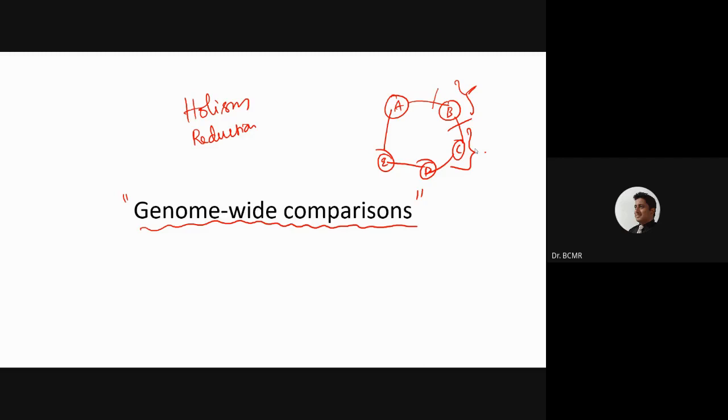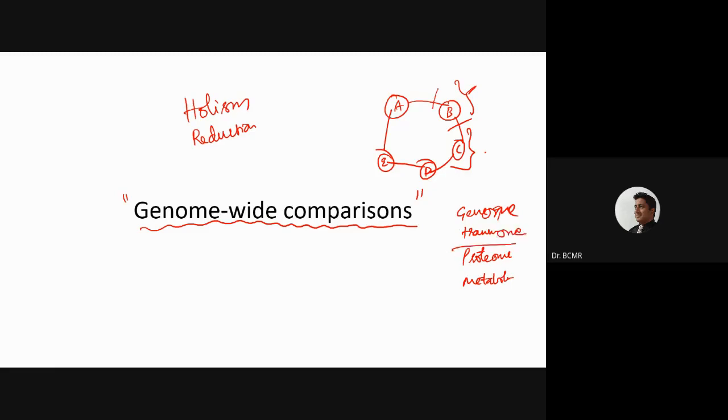With high throughput, now you can analyze at the level of the gene, at the level of the transcriptome or the mRNA, and you can do it at the proteome level as well. Now we also have an extension to this, the metabolome and so on.